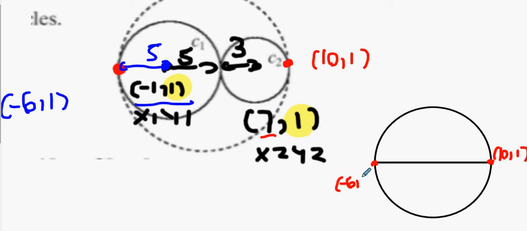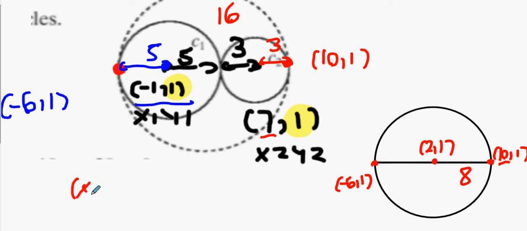We know the radius is what? What's the full distance across here? 5, 5, 3, 3. That's 16. So half is 8. We know it has a radius of 8. What's 8 to the left of 10? We know the centre of the circle is 2, 1.